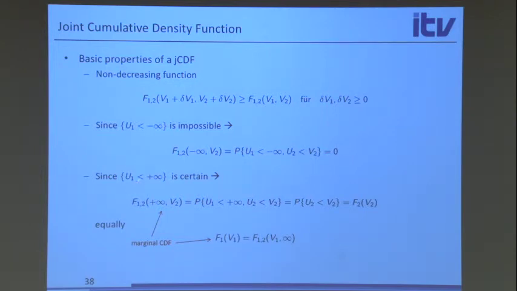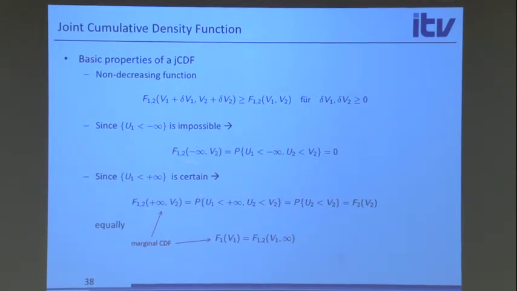But what's more interesting, if I choose v1 to be infinity, then the first condition is always true, and that just gives me the CDF of the second variable. We call that the marginal CDF. So f12 of infinity and v2 is equal to just f2 of v2. Same thing, of course, for the other one.